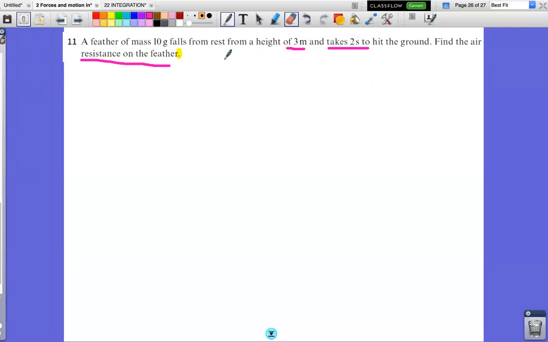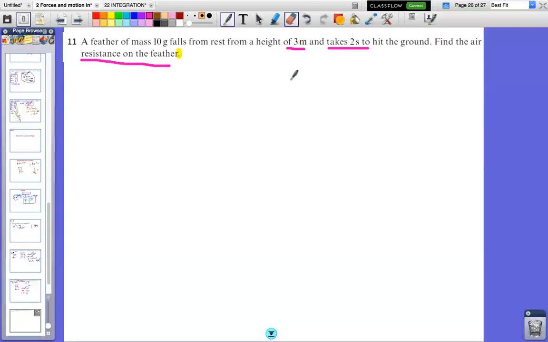The feather falls from a height of 3 meters, and it takes 2 seconds to reach the ground.